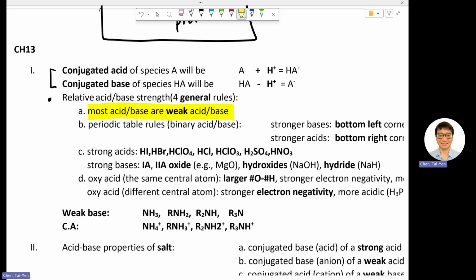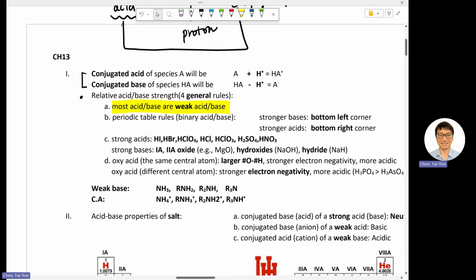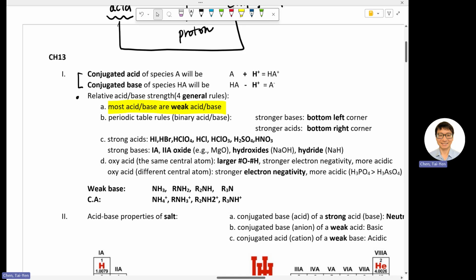To improve the accuracy of your guess, it's better to know what the strong acids and strong bases are. There is only a very limited number of strong acids and strong bases.